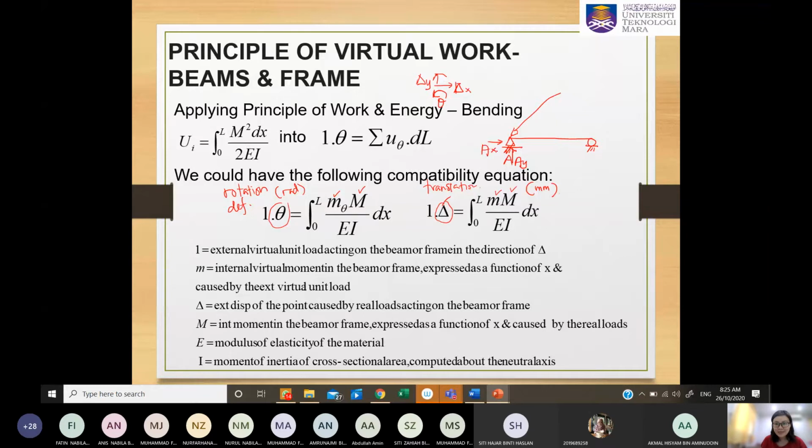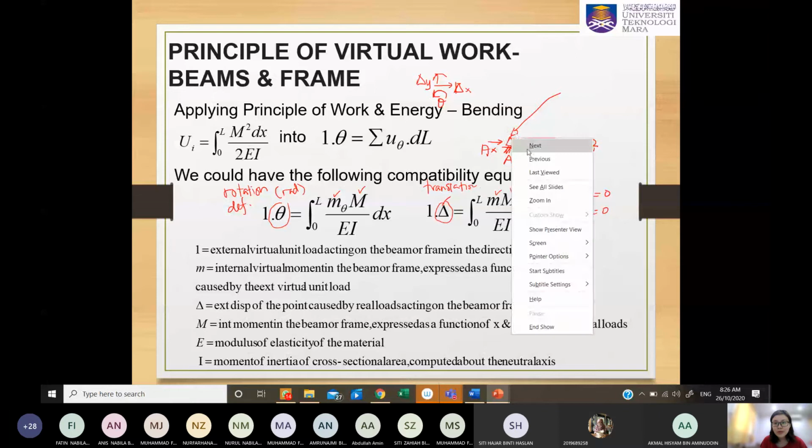This is a support reaction, which also means that this point A has been restrained from movement, cannot move at all in the X direction and also in the Y direction. Therefore, at this A itself, delta X is equal to 0 and delta Y is equal to 0, but it can have a rotation.